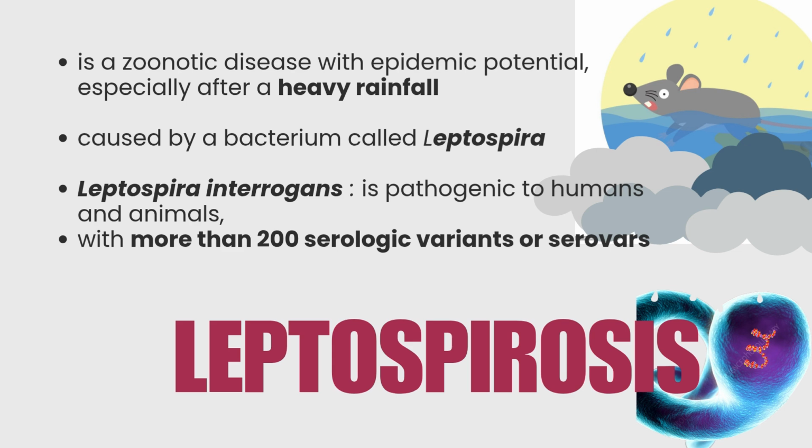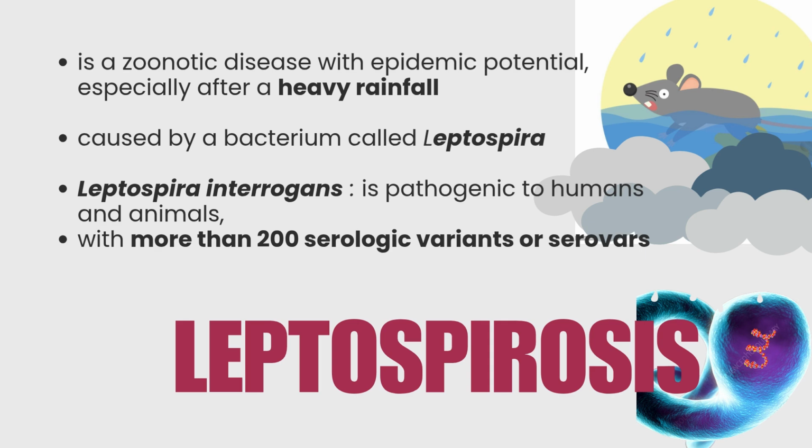Leptospirosis is a significant zoonotic disease with the potential to cause epidemics, particularly after periods of heavy rainfall. It is caused by the bacterium Leptospira, specifically Leptospira interrogans, and this bacterium is pathogenic to both humans and animals and boasts a staggering diversity with over 200 serologic variants or reservoirs.